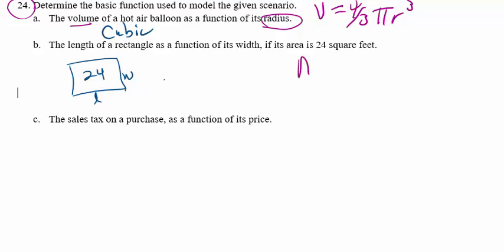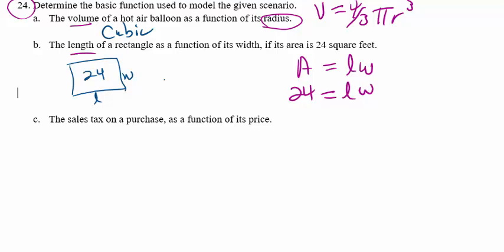If you happen to know the area formula for a rectangle, that may help us decide which type of decreasing function this is. A equals length times width, and the area is 24.